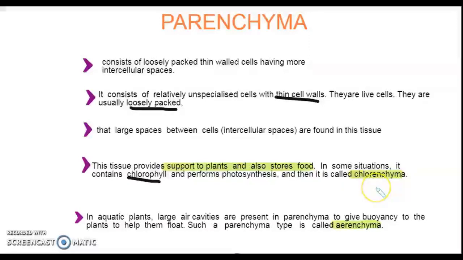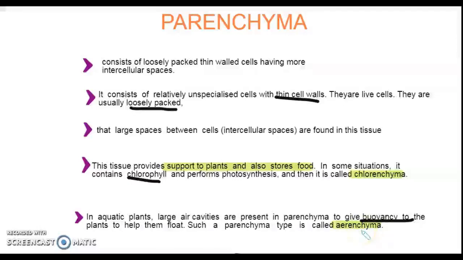Now, you might have observed some aquatic plants like lotus, lily. What happens? They float on water. What helps it float? The leaves of such plants have higher air cavity, means they have a space where air is filled. Due to that, they give a buoyancy effect.